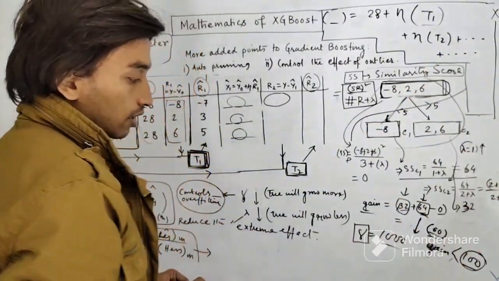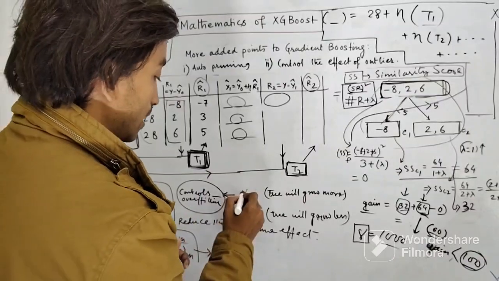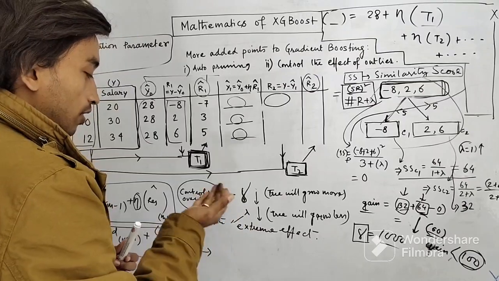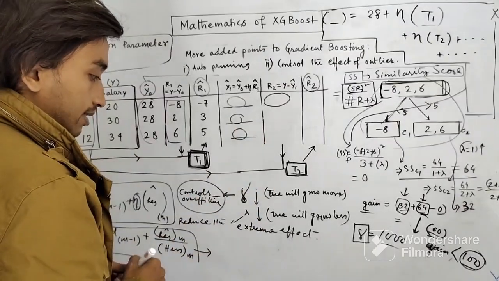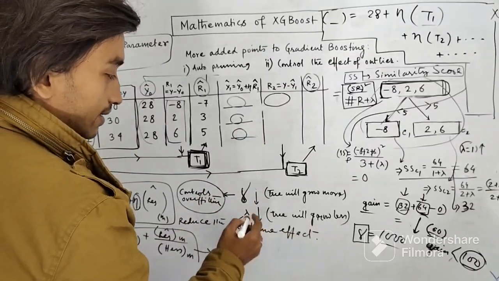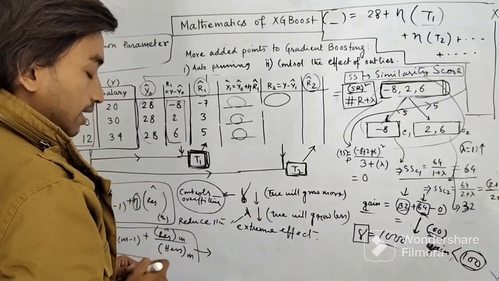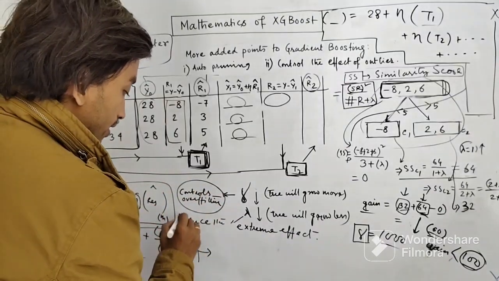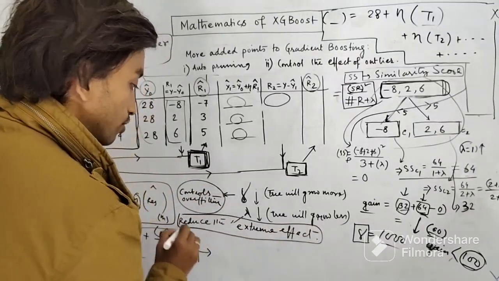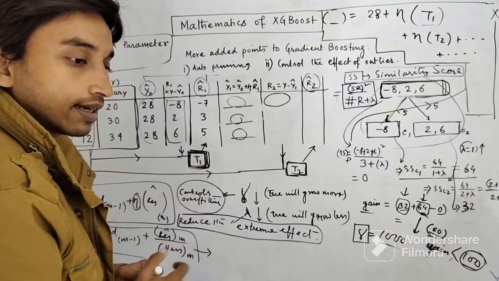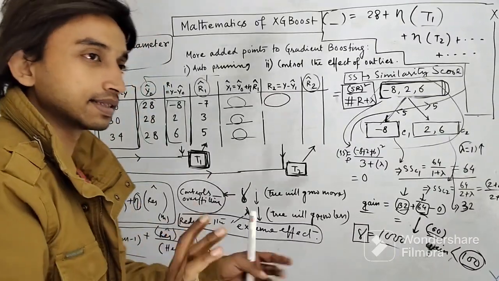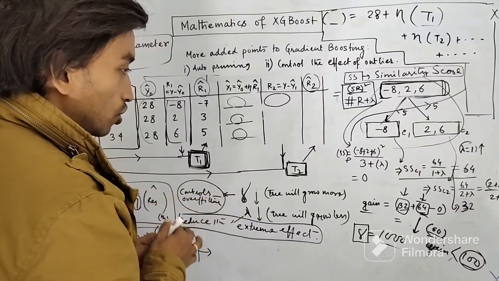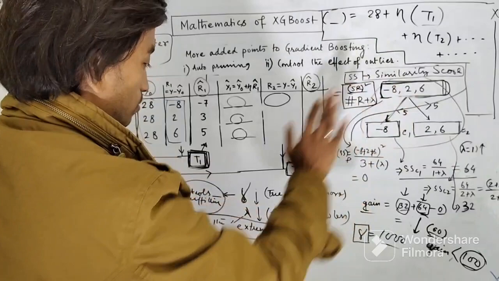Okay, so it means gamma strictly plays the role for the overfitting reduction, and this lambda plays a role in the overfitting reduction a little bit, but it reduces the extreme effects. Actually it plays the role for the sparsity reduction over there. So these two parameters are used for the auto pruning of the trees over here.